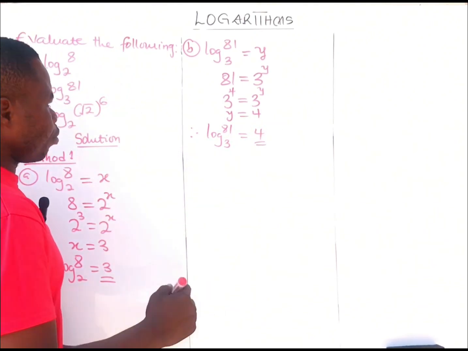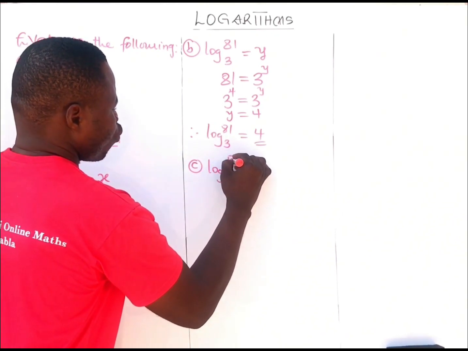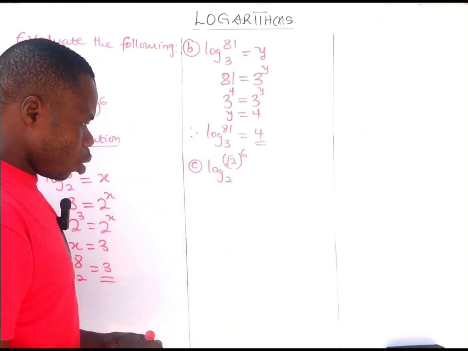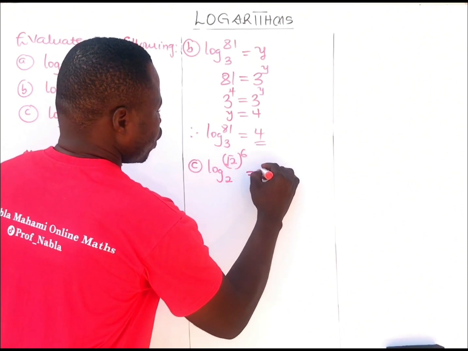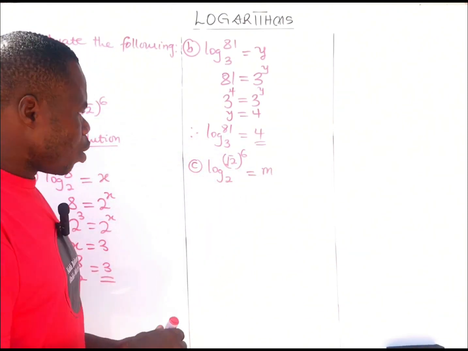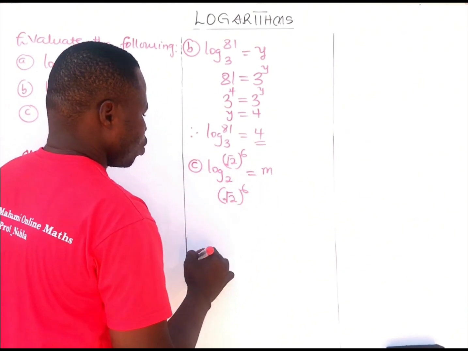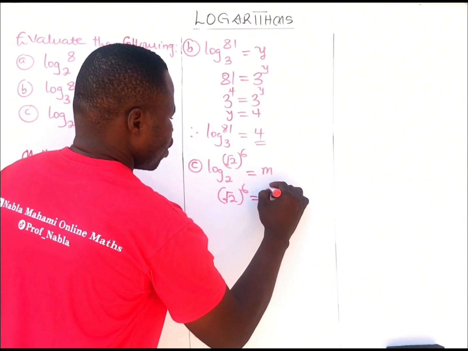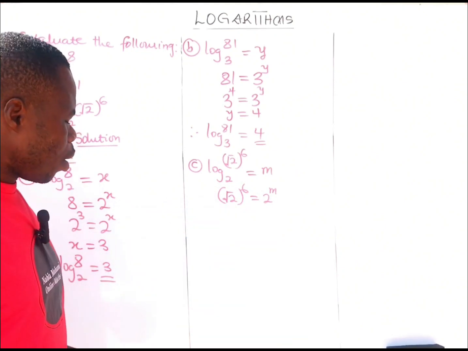Let's take C. I have log square root of 2 exponent 6, and the base is 2. Then this one, let's equate it to a variable. Let's say this is equal to m. And taking the log away, square root of 2 exponent 6 will come down, and 2 will switch to the right hand side, and we'll have 2 exponent m.